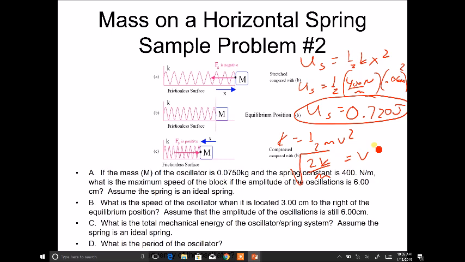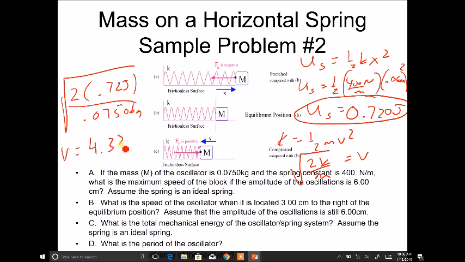In this case, 2 times K. Here K is the kinetic energy, which is going to be all of the mechanical energy of our system, which is 0.72, divided by the mass of our object, 0.0750 kilograms. We're going to take the square root of that whole quantity. And we end up with a speed of 4.38 meters per second. So that's the speed of the object as it crosses the equilibrium position. That's its maximum speed. Maximum speed is always going to occur at the equilibrium position.